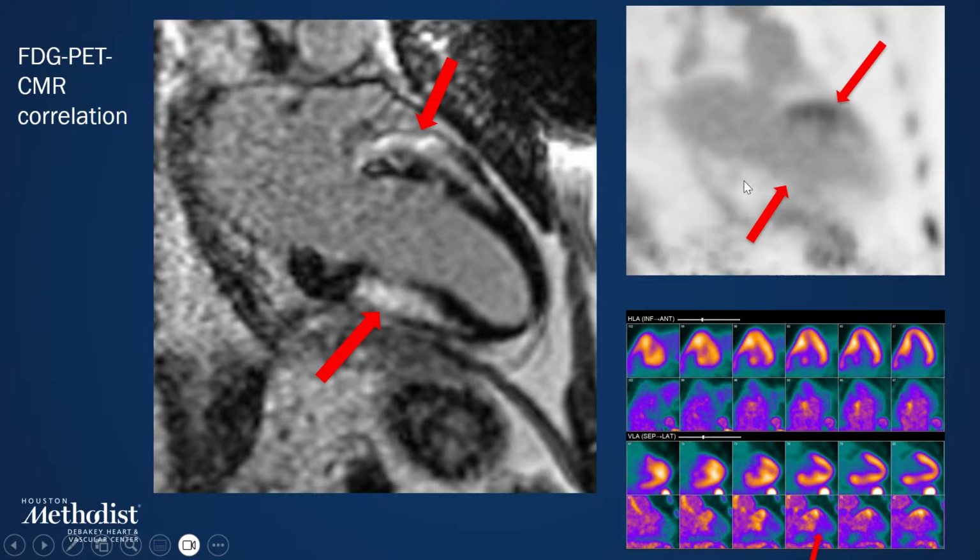However, we do not see the inferior wall LGE area take up FDG, and therefore the inferior wall late gadolinium enhancement is not thought to be metabolically active and potentially does not contain active inflammation. I've just put that arrow there to highlight the fact that the inferior wall through the slices had no FDG uptake.